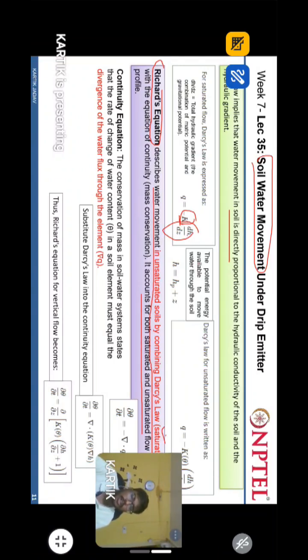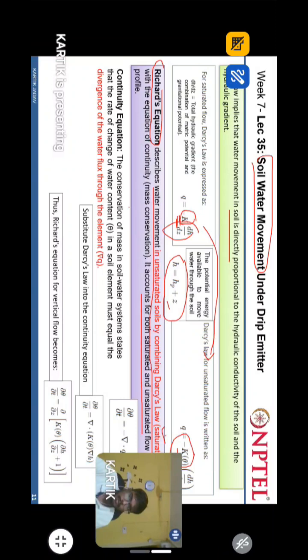That is the potential energy available to move water through the soil, right? And that is given by matric potential plus gravitational potential, right? Darcy's law can also be written for unsaturated flow, but in that case the hydraulic conductivity is the hydraulic conductivity at a particular moisture content, right?